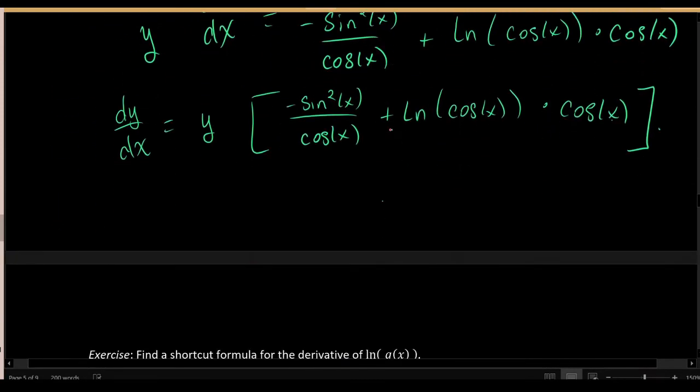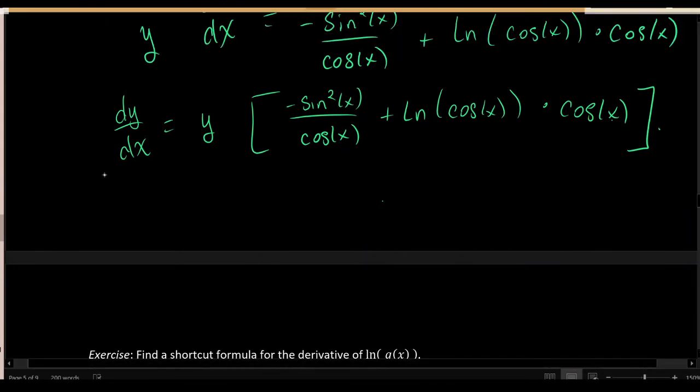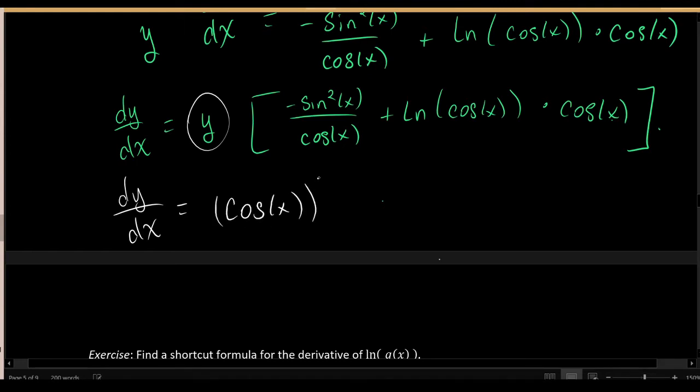Because of that, the preference is to give our final answer in terms of x's alone, to not allow this y here. So our preference is to replace that y with what we know it equals. Y we know is equal to cosine x to the power sine x.